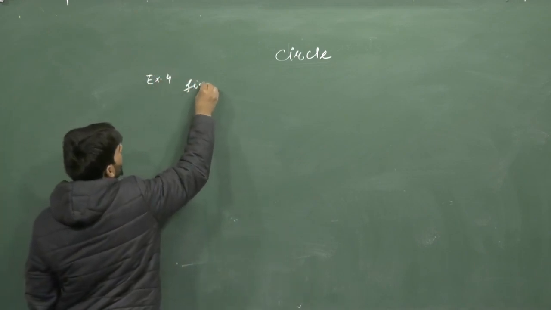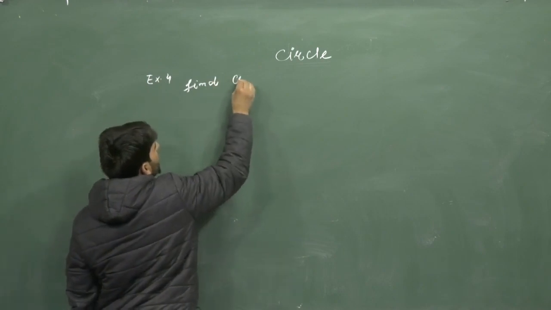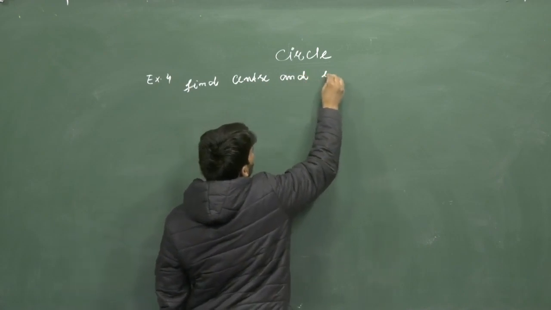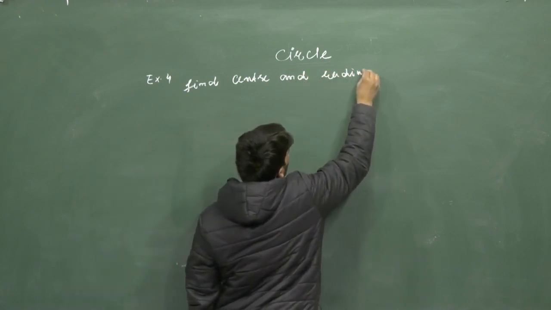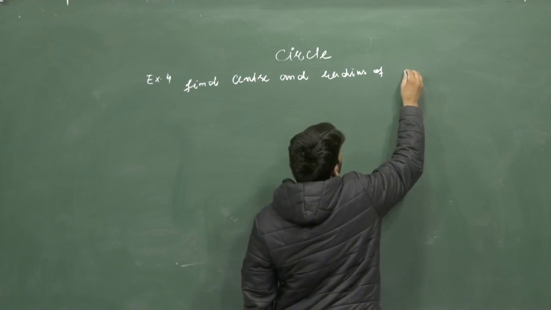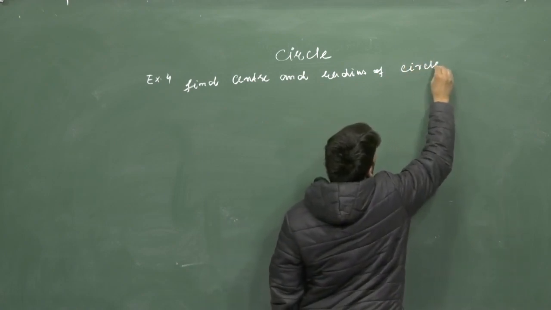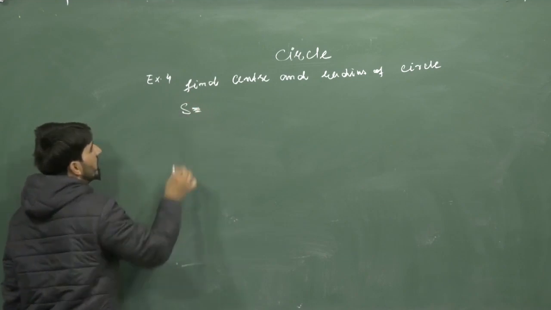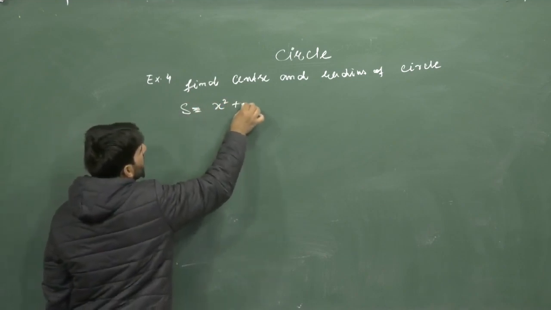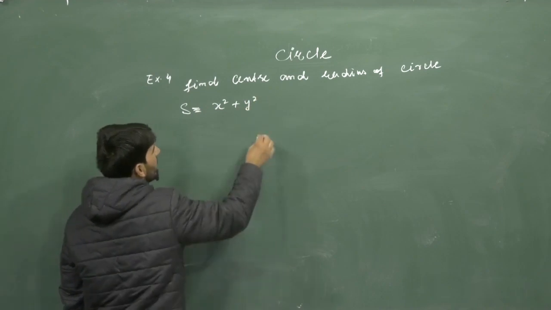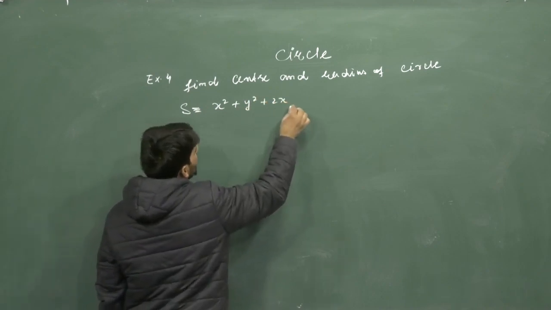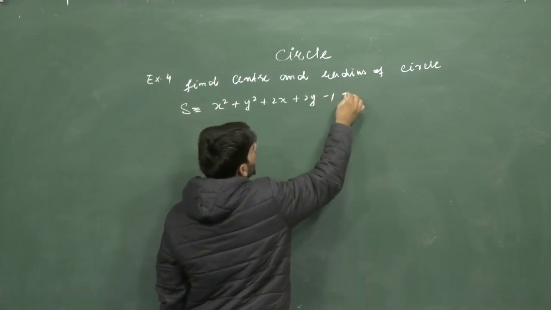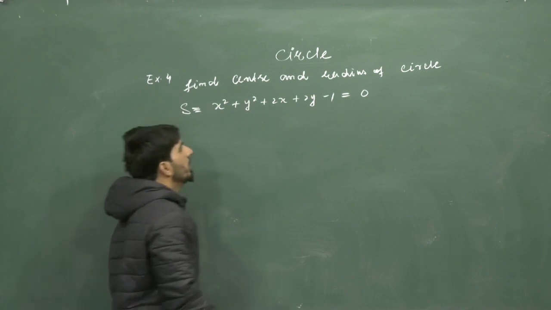Find the center and radius of the circle whose equation is given, say S here stands for circle, x^2 + y^2 + 2x + 2y - 1 = 0.